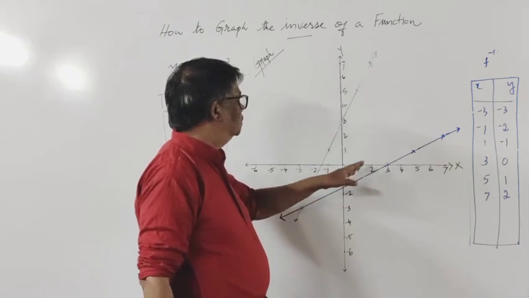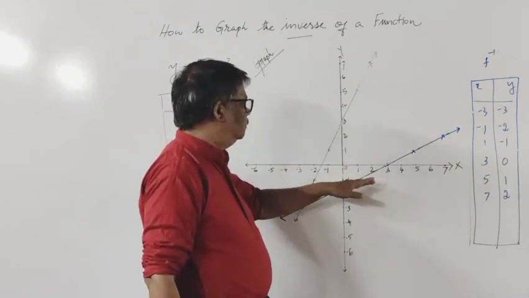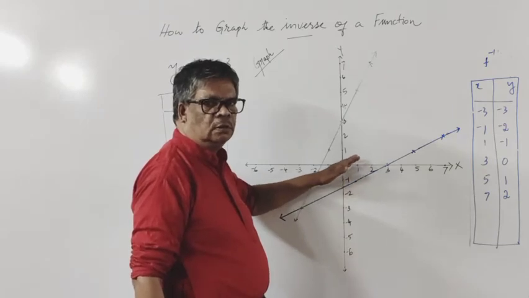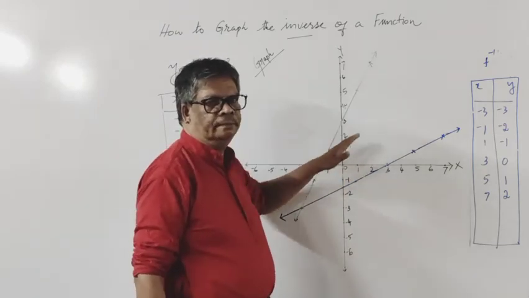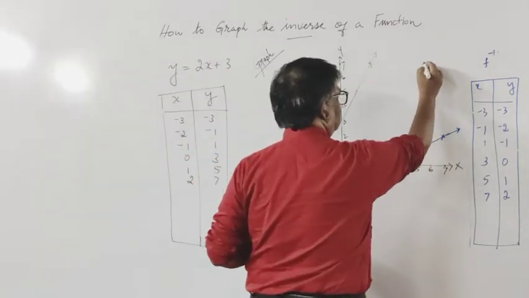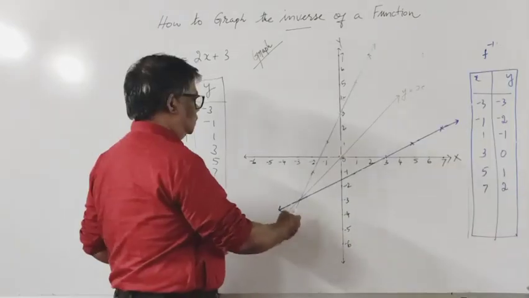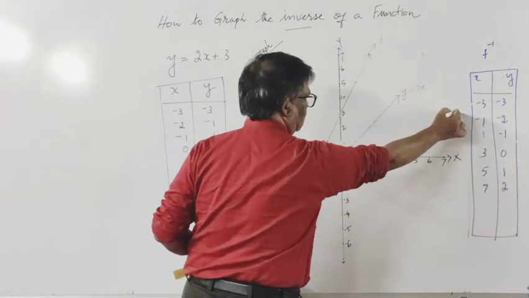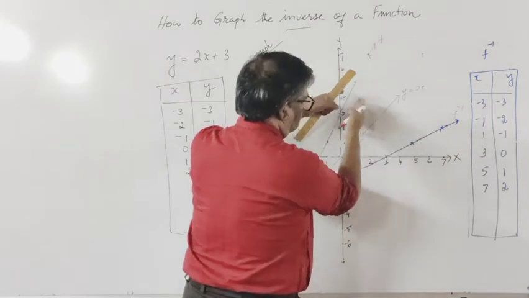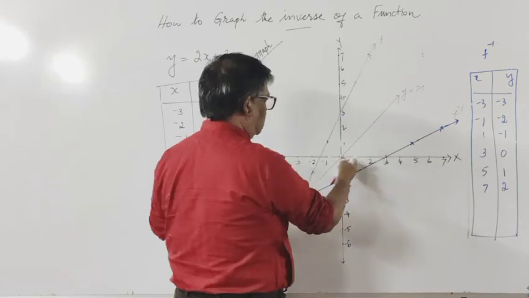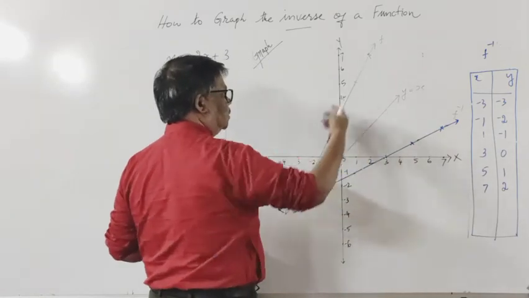These two graphs of f and its inverse will be mirror images of each other with respect to that line. So y is equal to x means both x and y will be equal. So this is the line y is equal to x. This is the graph of f and this is the graph of f inverse. These two graphs of f and f inverse are mirror images of each other with respect to this line y is equal to x.